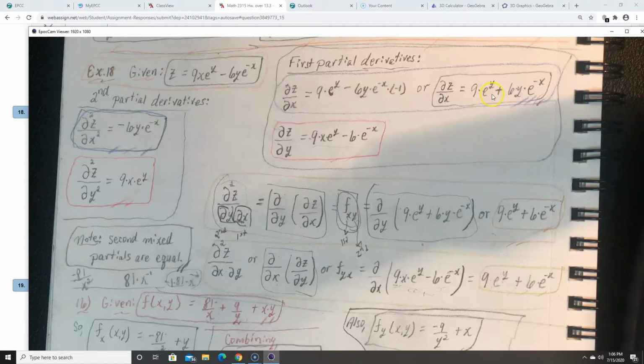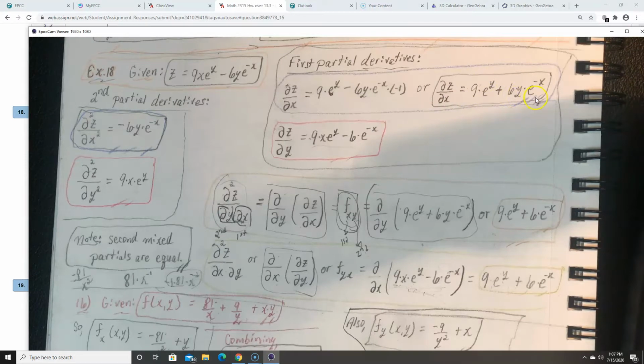So what's the derivative of this term all by itself with respect to x? Well, there's no x in this first term, and y is considered a constant, so e to the y is some constant. Times 9 is a constant. A constant times a constant is a constant. And what's the derivative of any constant by itself? That's 0. So the derivative of this term is 0.